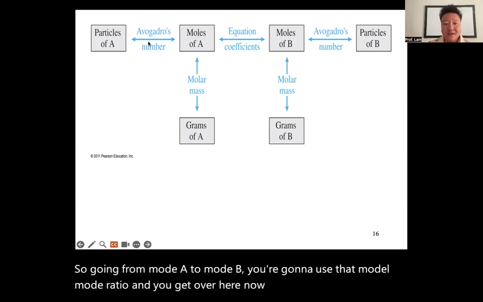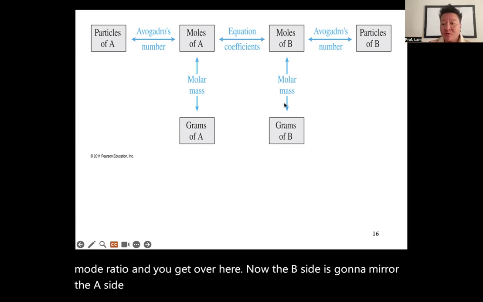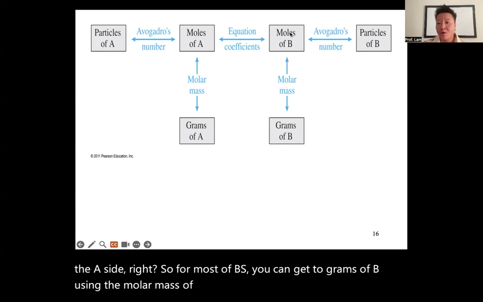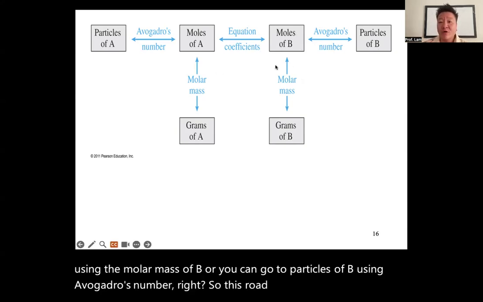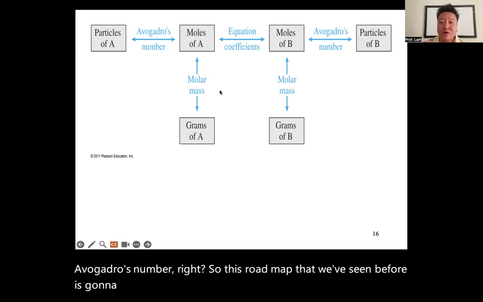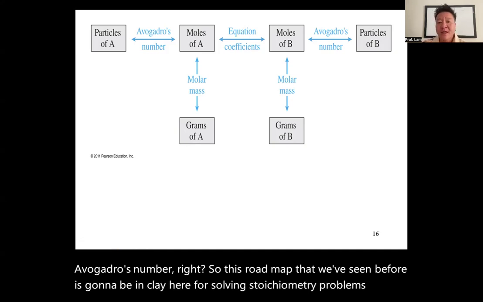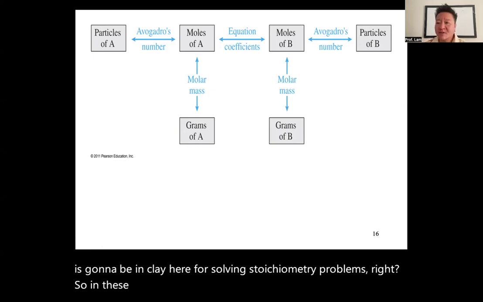Now, the B side is going to mirror the A side. So for moles of B, you can get to grams of B using the molar mass of B, or you can go to particles of B using Avogadro's number. So this roadmap that we've seen before is going to be in play here for solving stoichiometry problems. In these types of problems, always figure out which box you're going to start at.